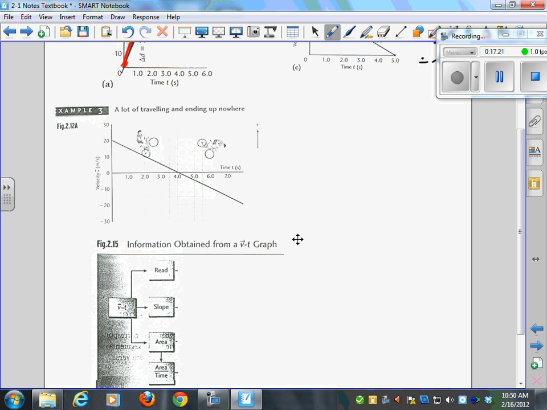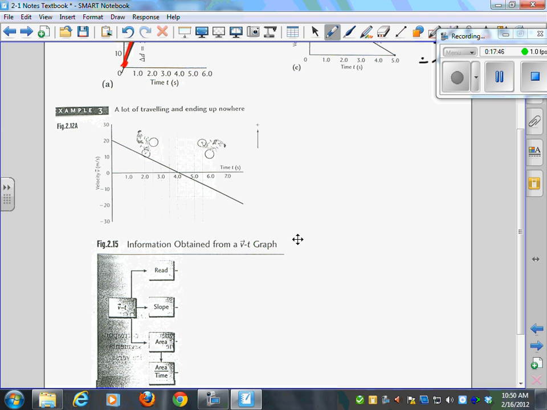I'm going to write mine in. How do you spell vertical? Find the total vertical displacement.